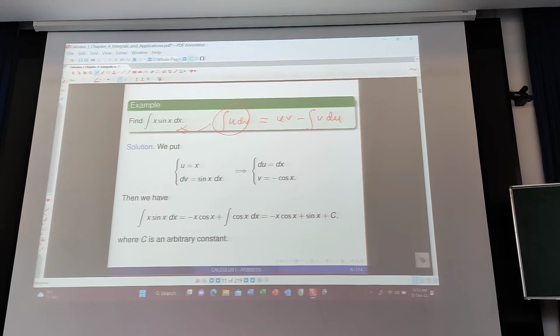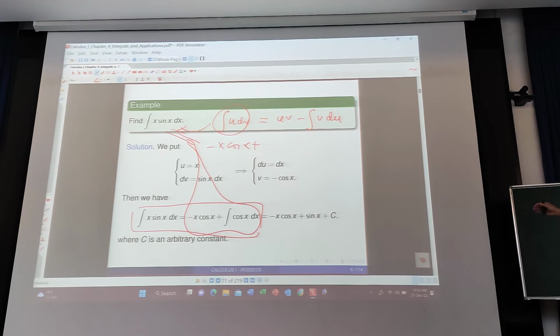Right? So some students even write very short that this is equal to negative x cosine x plus, so they write directly to this part, equal. It means that they write this part in their answer without any explanation.